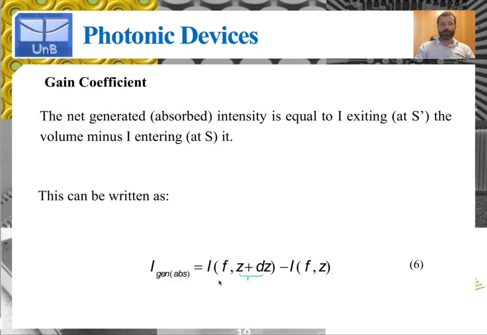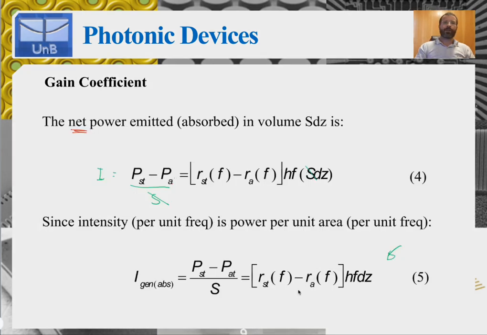In mathematical terms, the intensity generated is the intensity at the right hand side coming out of the material minus the intensity going in. So this is just a different expression for this same expression right here.